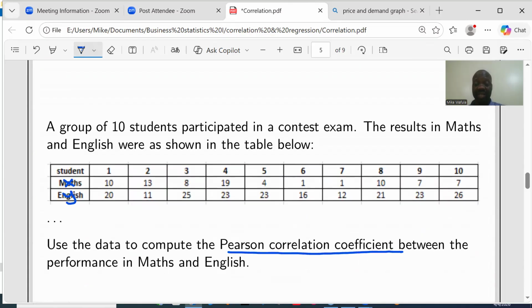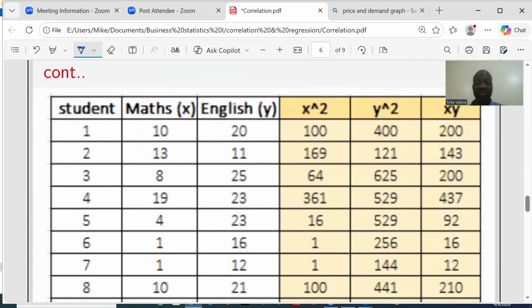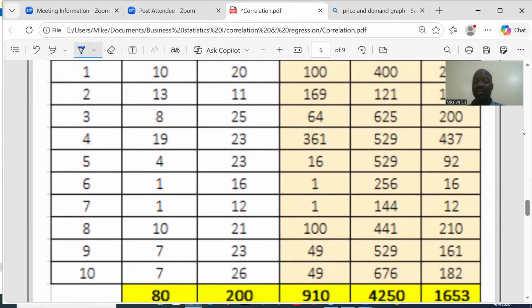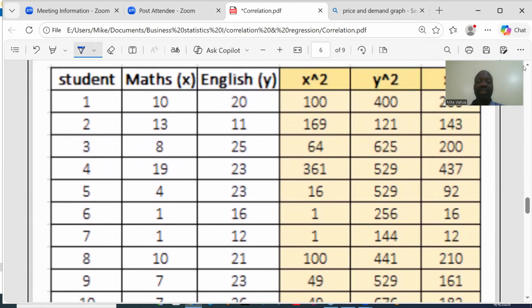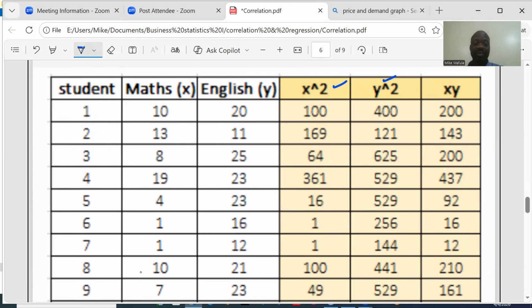So you can rewrite this table in vertical format, with maths as X and English as Y, and add three more columns: X squared, Y squared, and XY, because those are the components we need. Then we sum the column of X, the column of Y, and also get the sum of X squared, sum of Y squared, and sum of XY.